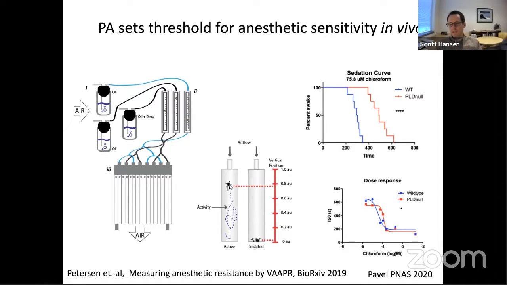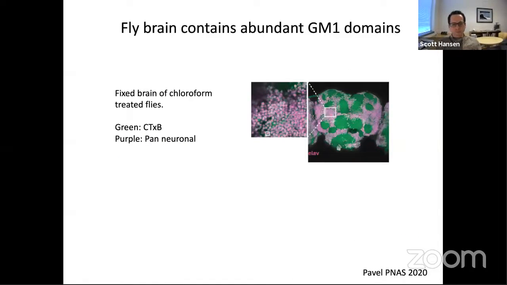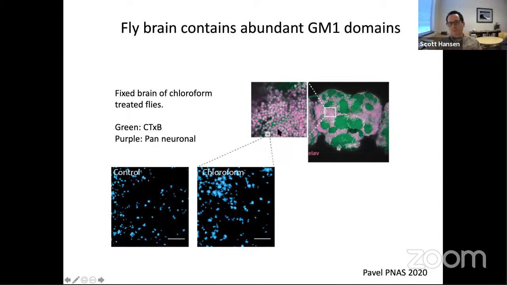And those are dose responses. Anesthetics have very steep dose responses, but we statistically can see that there's a difference in that response. So we wanted to image these domains in the actual brain of an anesthetized fly. We used super res imaging.